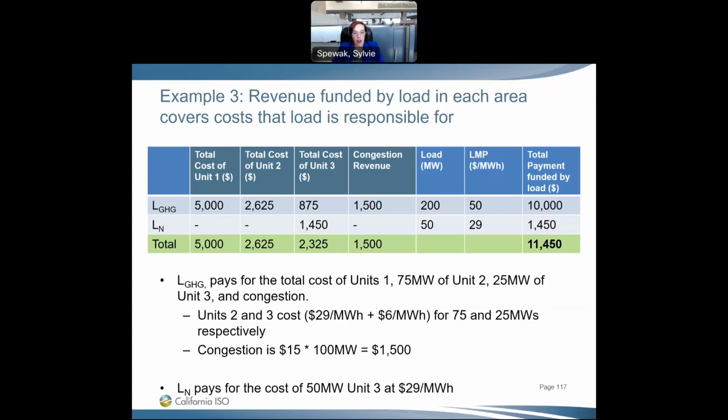Load in the non-GHG area funds $1,450, and that's used to cover 50 megawatts of Unit 3, just considering its energy payment as well as that additional $1 per megawatt hour in opportunity costs.